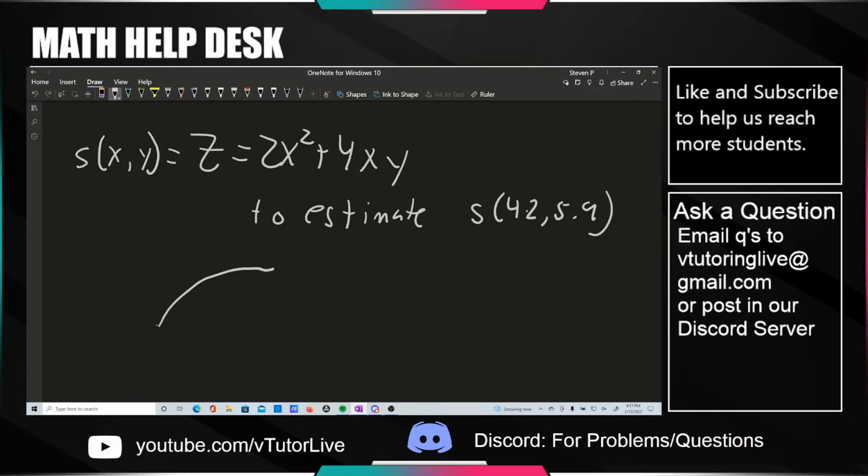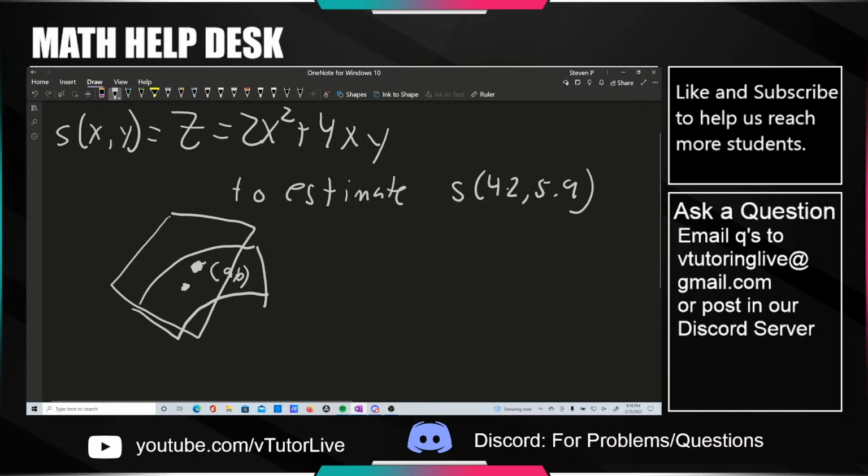But if you have a surface that kind of looks like this, and it's got a little bit of curving to it, say this is s of xy, and this is at some point a comma b, the idea is that you take a tangent plane touching the surface at this point, and you can use the tangent plane to more or less estimate the value of that surface. It's going to be a rough estimation, but the closer it is, the more accurate it's going to be.